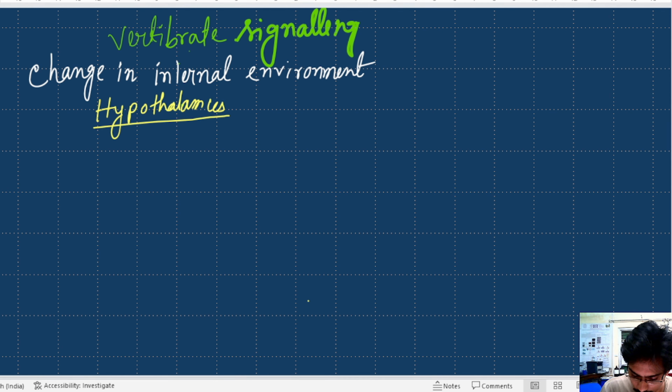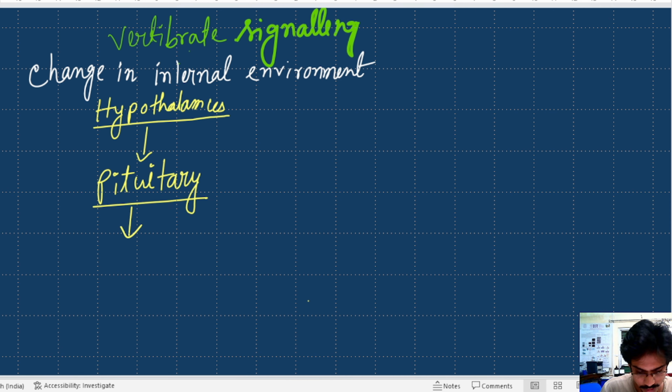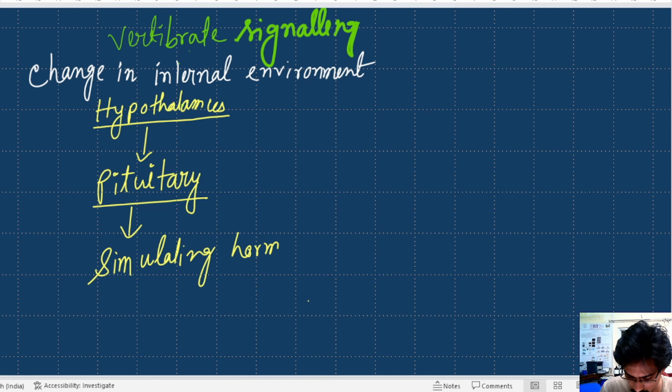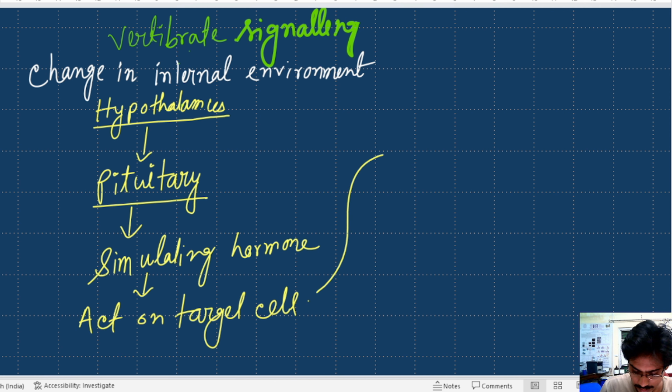The hypothalamus releases to the pituitary, and the pituitary releases the stimulating hormone, which then acts on the target cell, and then homeostasis is maintained.